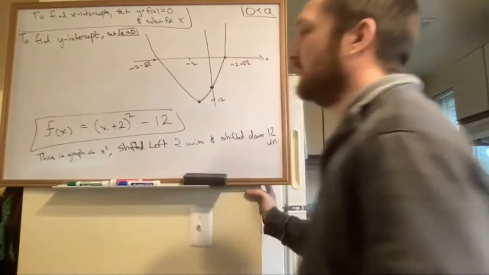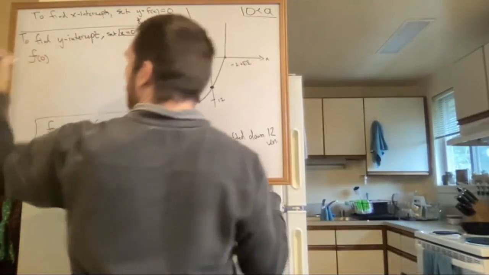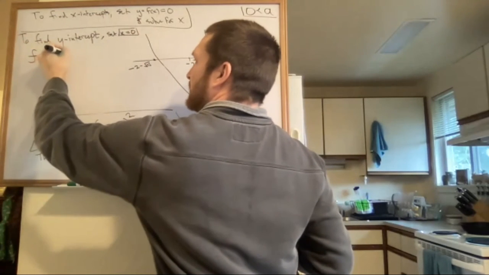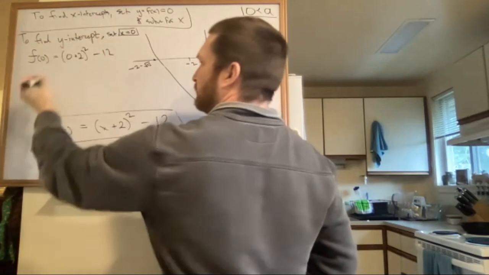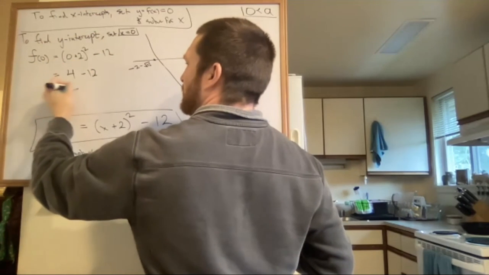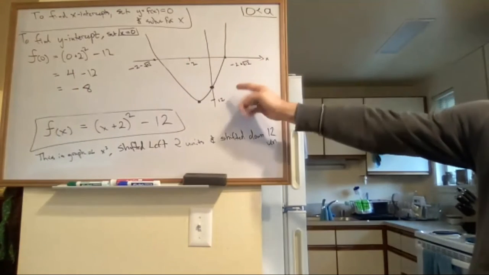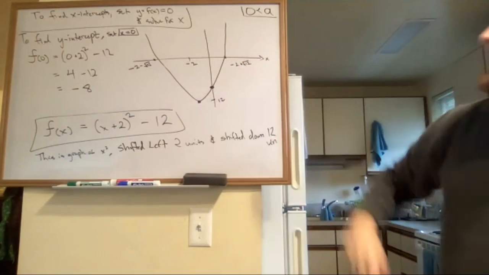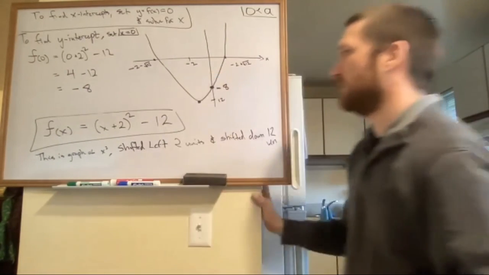In other words, we're computing what the output value is when I plug in a 0. Well, this says 0 plus 2 squared minus 12. 0 plus 2 squared is 4, minus 12. 4 minus 12 is minus 8. And this jives with my picture. It should be a negative number right there. And so we get as an output minus 8 right there.